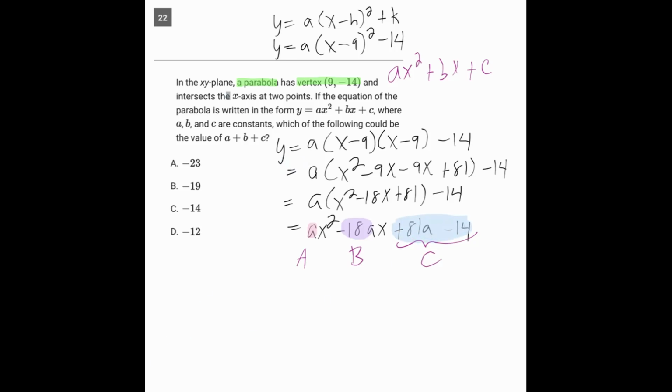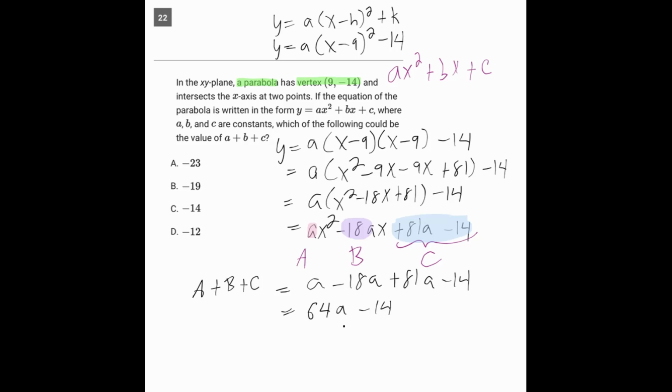And so the question is asking us for the value of a plus b plus c, which right now would be a in pink minus 18a in purple plus 81a minus 14 in blue. Let's simplify that a little bit. And we'll get, for the a's, 81 minus 18 plus 1a, that's 64a minus 14.